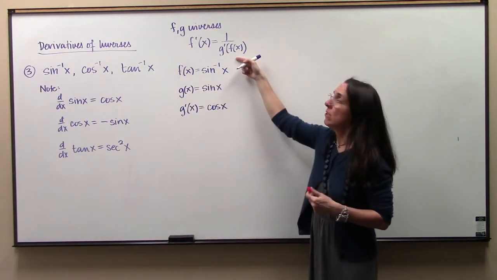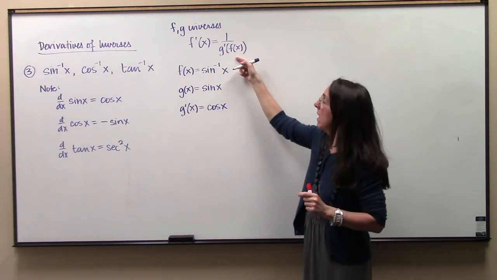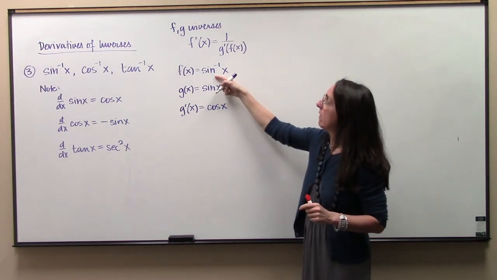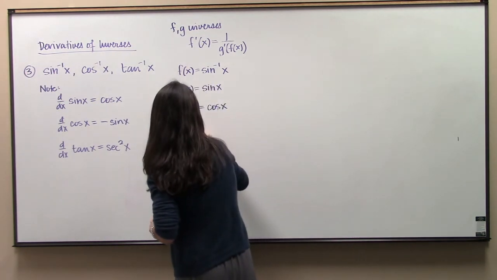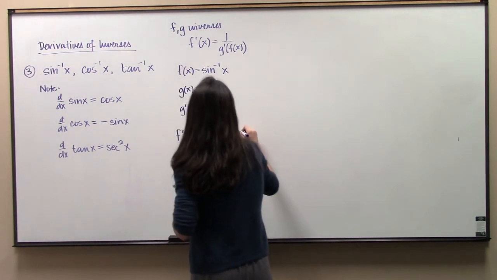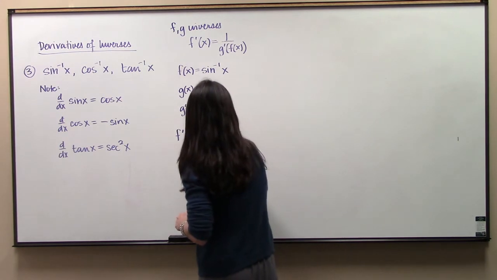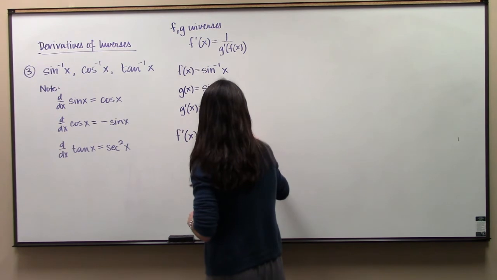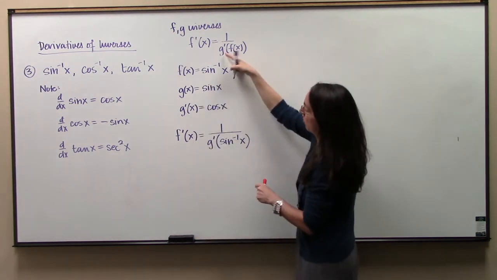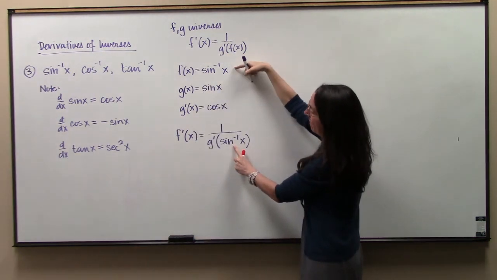Okay? And then when we use this formula to try to come up with the derivative of f, what do we get? We want g prime evaluated at f, and f is arc sine.